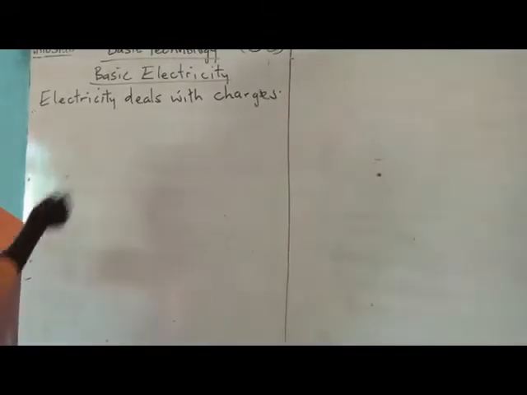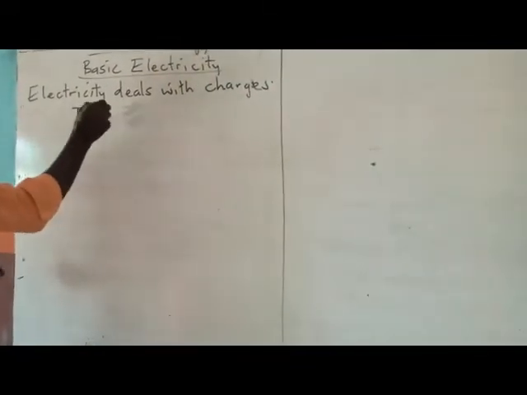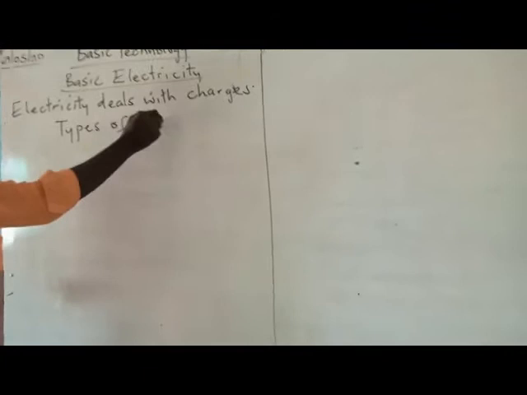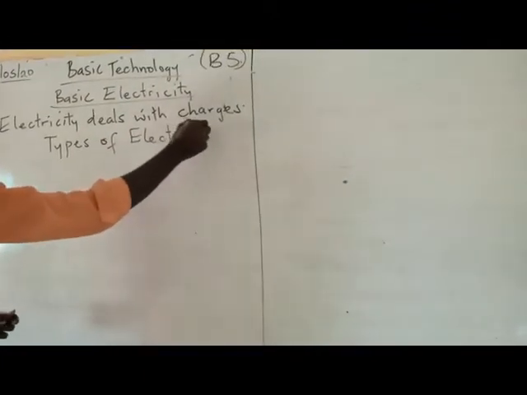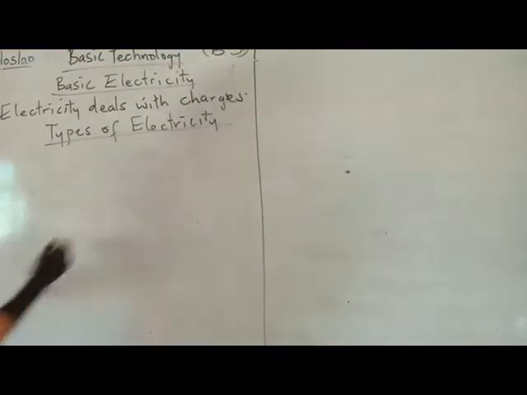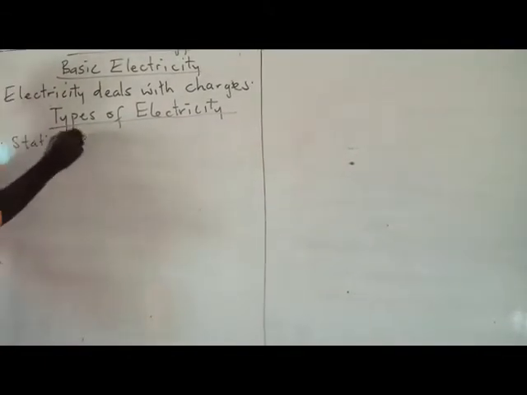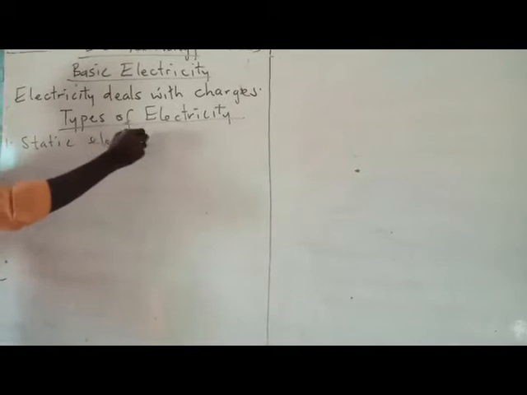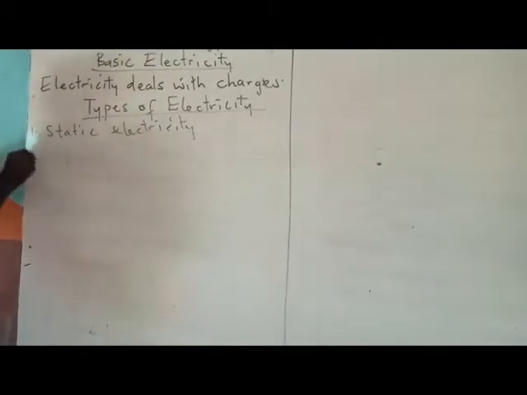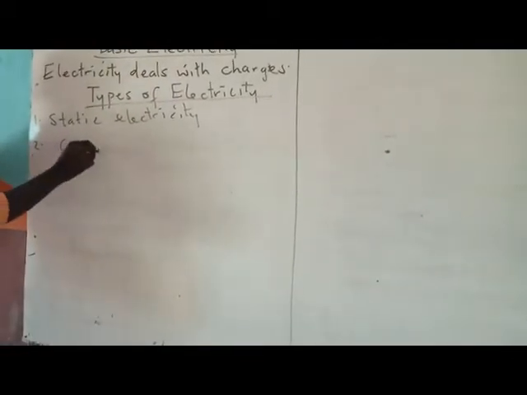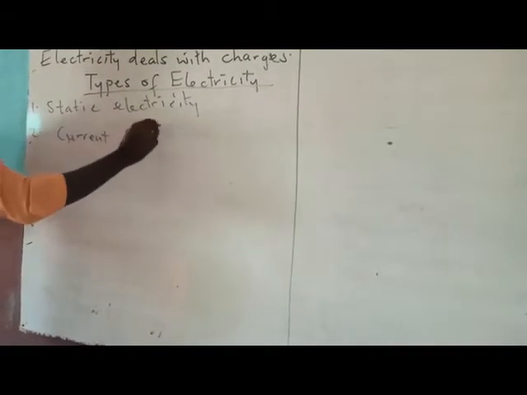The first type of electricity, we call static electricity, while the other type of electricity, we call current electricity. You will see the difference as we go on.